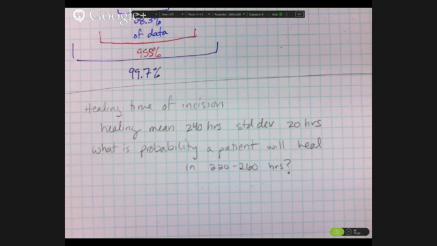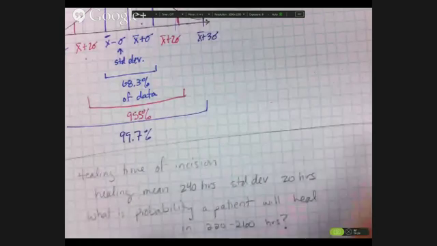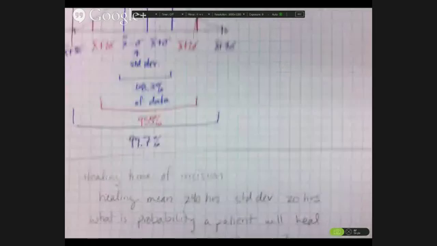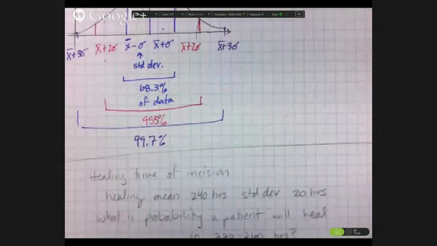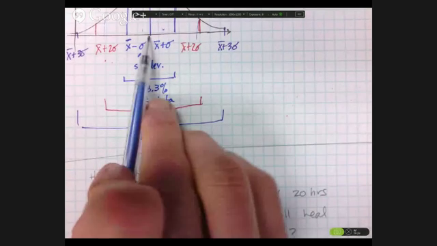Anybody? You're just using the normal curve here. How many standard deviations have we gone out? Well, which one is it, 2 or 1? 1. We start at 240, right?